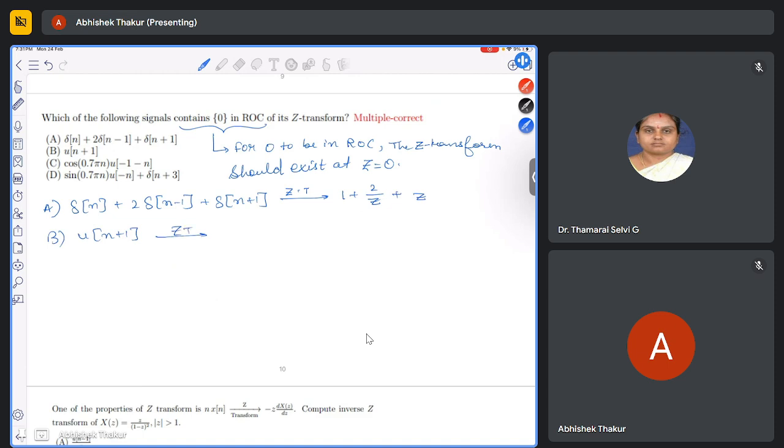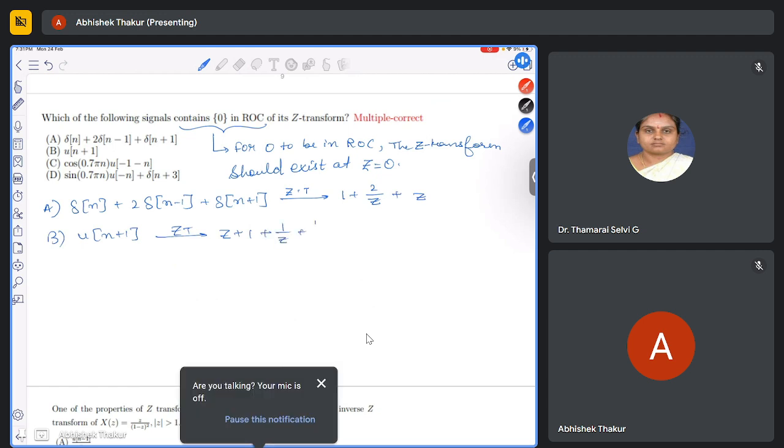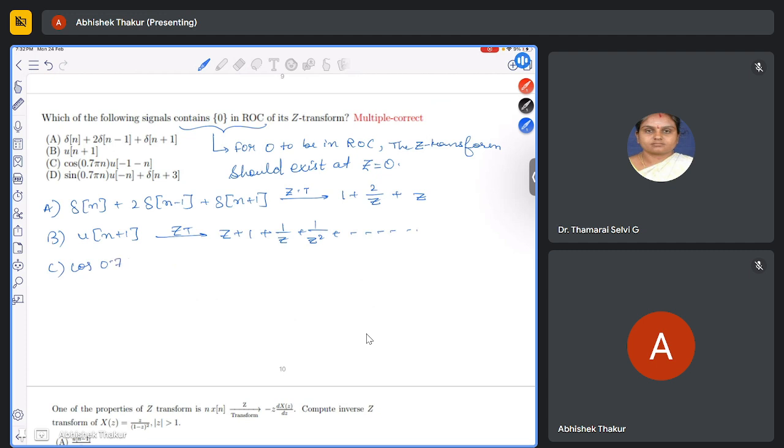So the Z transform of this is z + 1/z + 1/z^2 and so on. Option C is cos(0.75n) u[-1-n]. So the Z transform will be cos(0.75) z + cos(0.75 squared) z^2 plus 1.